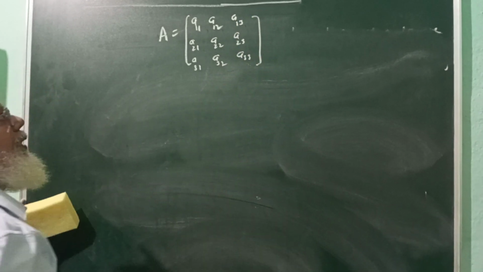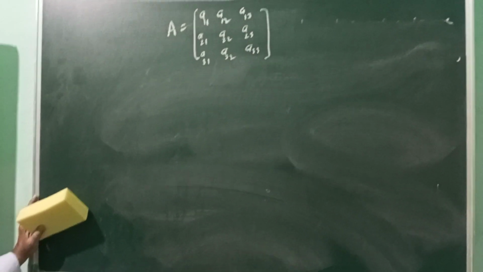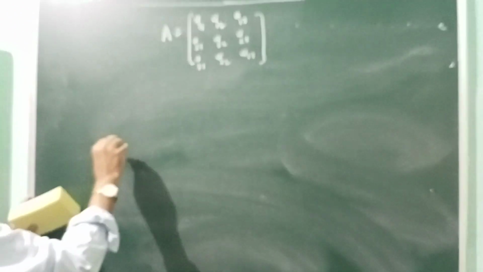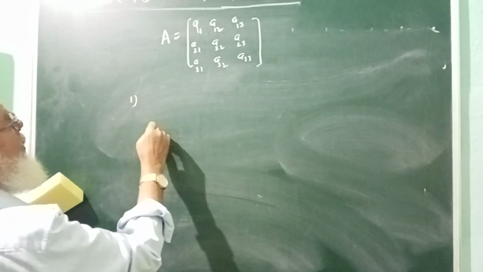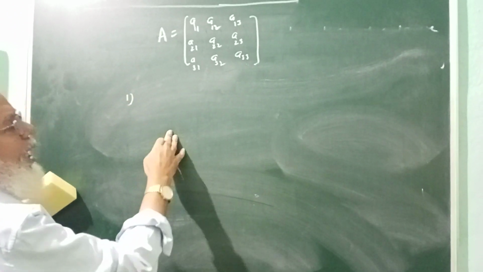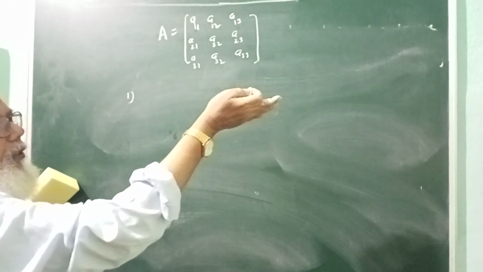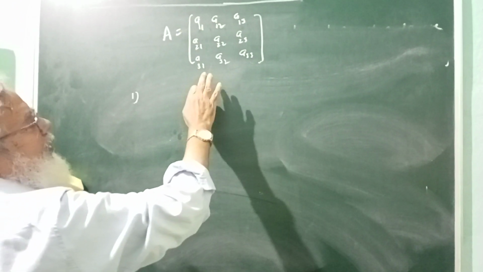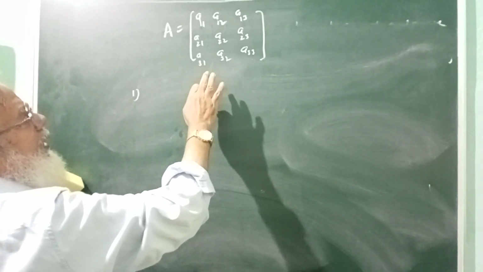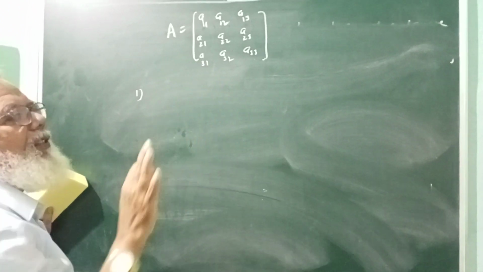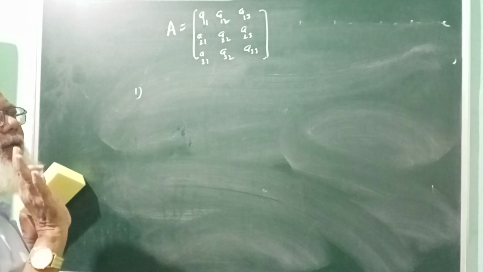Now the first important property is that the sum of the products of the elements of any row or column with the cofactors of the same row or column is always equal to the value of the determinant of it.